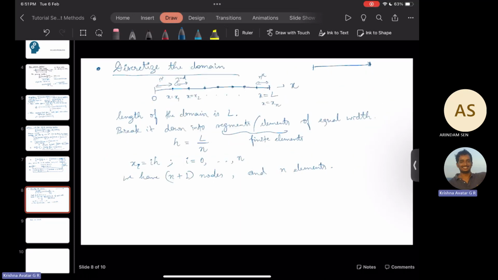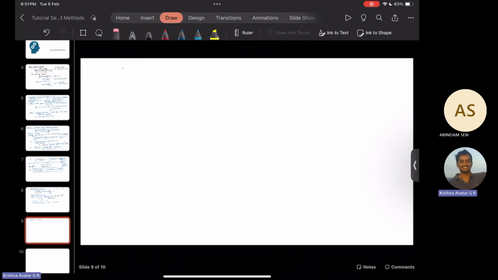I think before that, what we should do is define what we call basis functions, or even shape functions. Now the idea of basis or shape functions is that, say we have this discretized domain here.